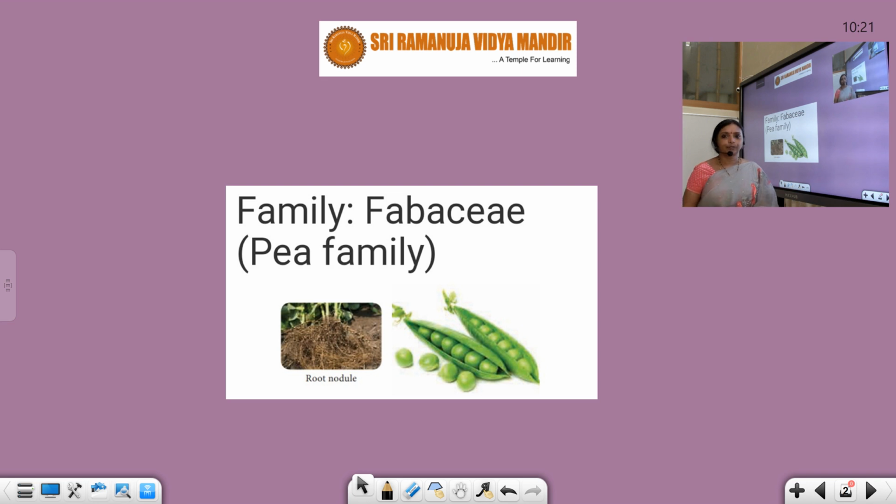The branch which deals with the identification, naming, and classifying of these plants is called taxonomy. And plant systematics is the variety of plants and their evolution. The relation between the varieties of plants and their evolution is called plant systematics.